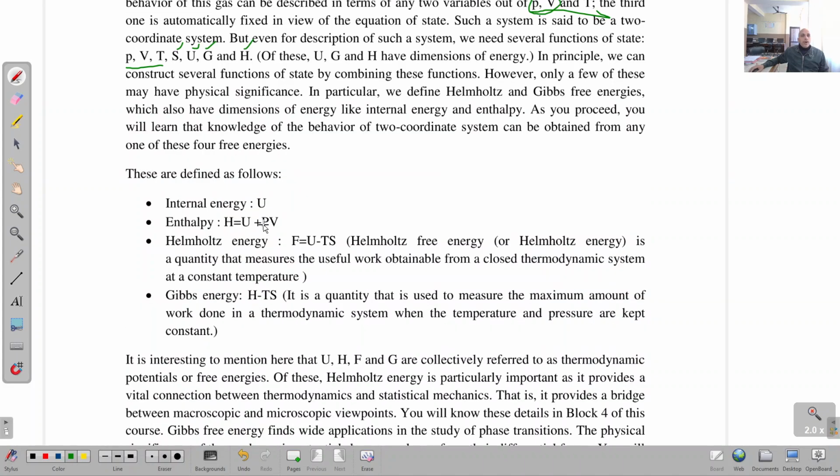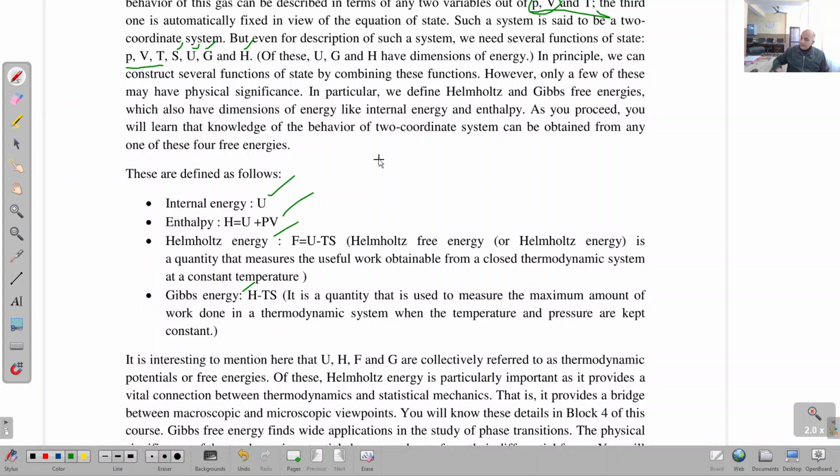So here the important state functions of a thermodynamic system are internal energy, enthalpy, Helmholtz free energy, and Gibbs free energy. Now we are going to discuss one by one, all of them. First of all, I am coming to the internal energy.